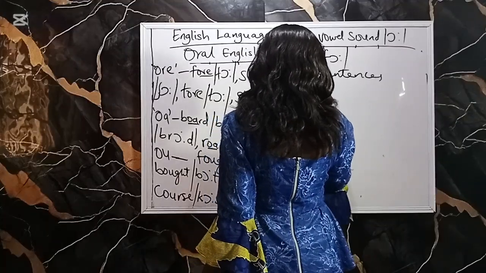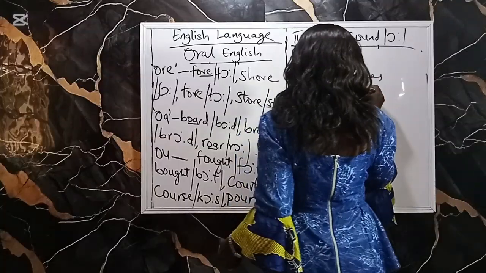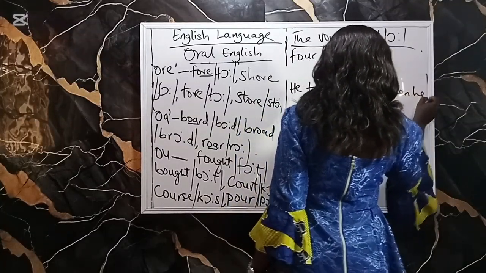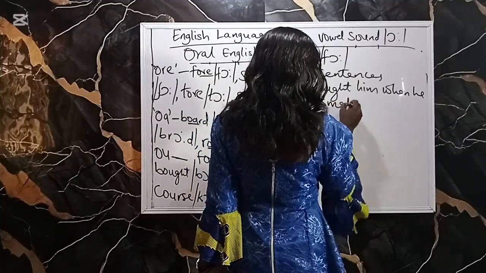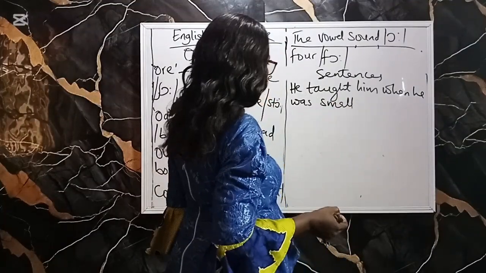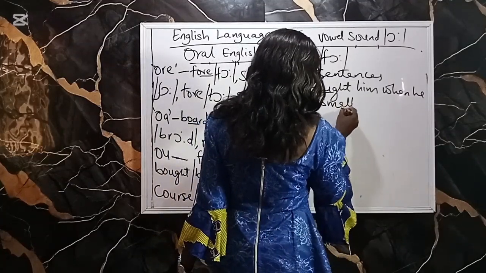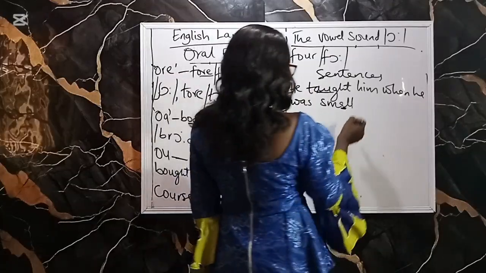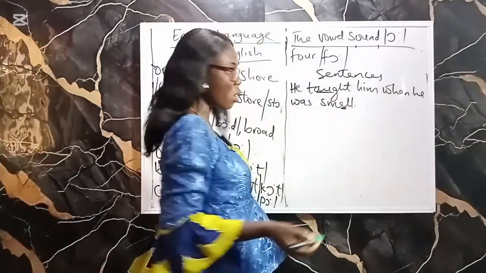He taught him when he was small. Now do we have the sound here? We have it in taught and we have it in small. Remember AL and AU. So that's one. He taught him when he was small.